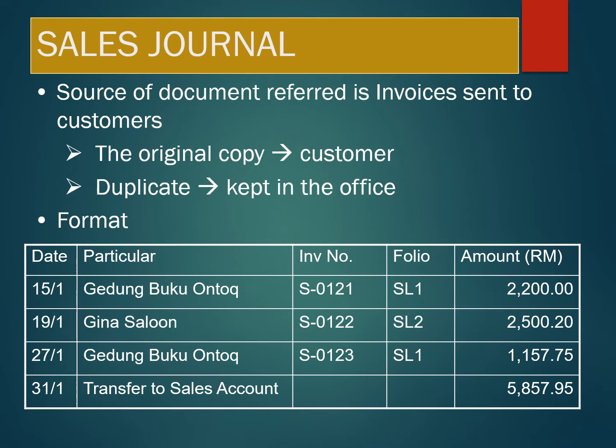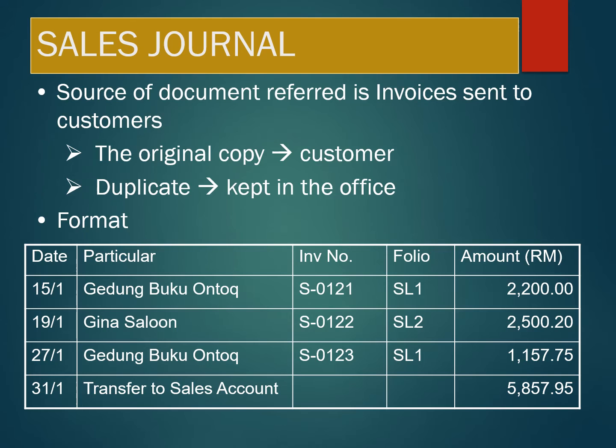So you have date, particular, invoice number column, and also amount column. These are the 4 columns that must be in the sales journal. If you have other sales transactions, you record them subsequently, and remember your invoice numbers should be used sequentially.